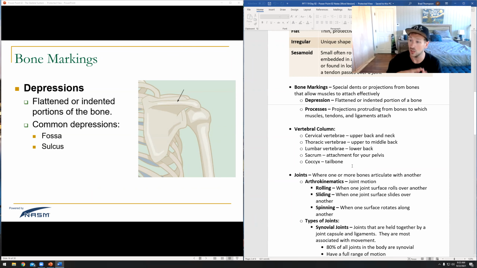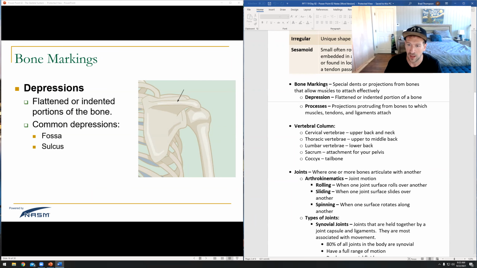Now, on all of the types of bones, we've got all these different bones throughout the body, and we've got these really cool markings on our bones. Those bone markings are two major categories: you're either going to see depressions or you're going to see processes. A depression is like a dent in a bone, and a process is basically a projection from a bone.